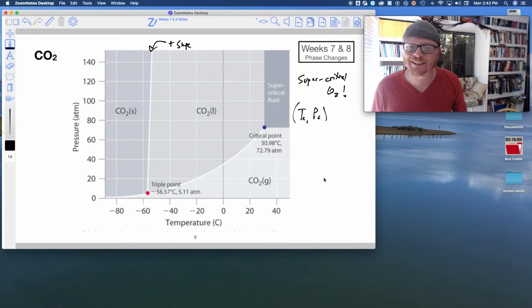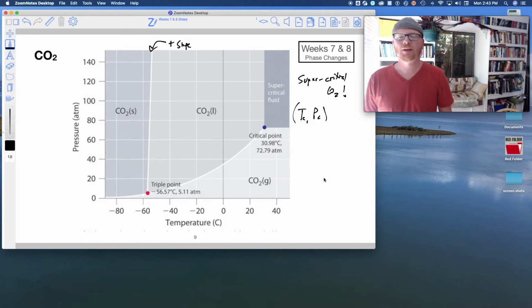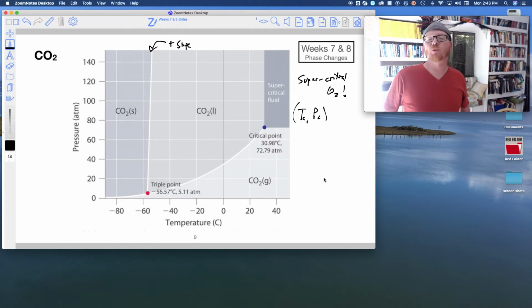It's not cool because it's actually 31 degrees Celsius, right? So what can you do with supercritical CO2? Some of you already know the answer to this, and you're probably thinking, I can extract marijuana, and that's right, you can. Or you can extract THC from marijuana using supercritical CO2.